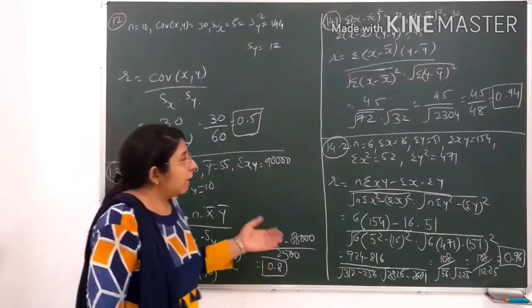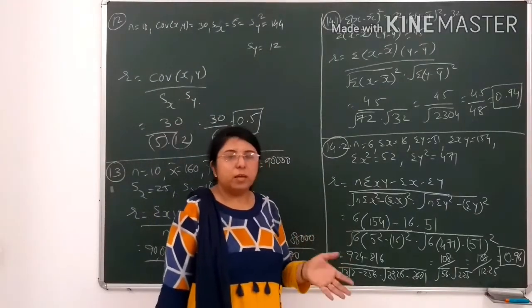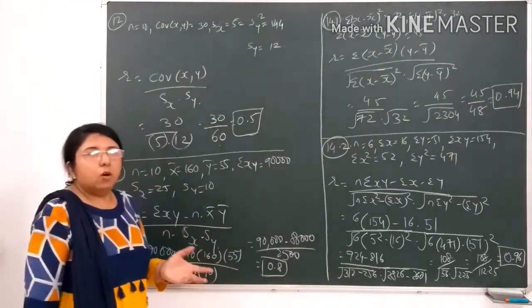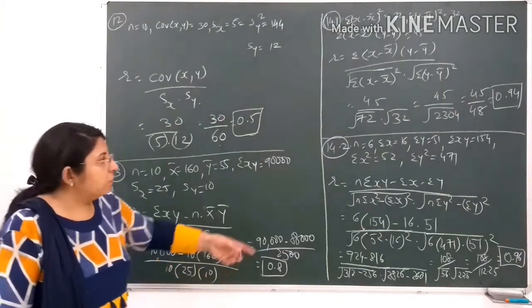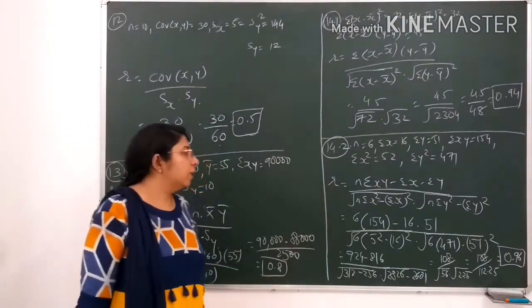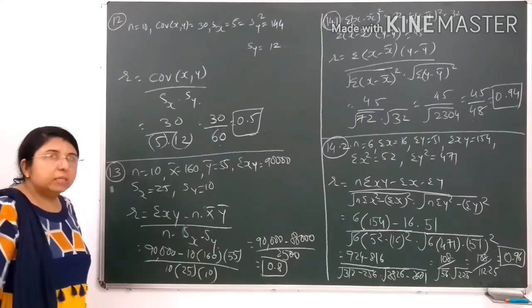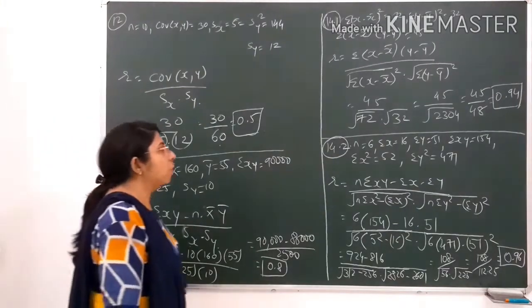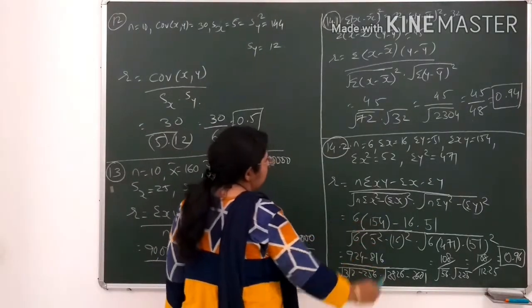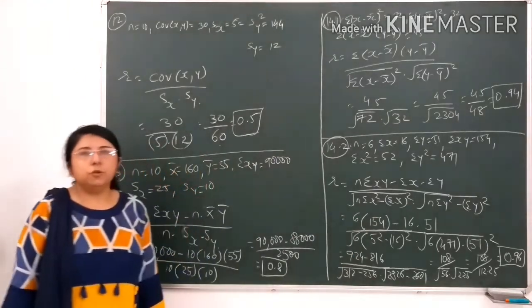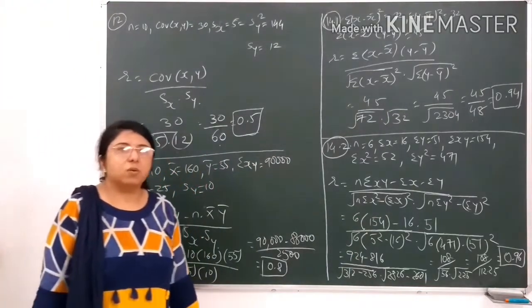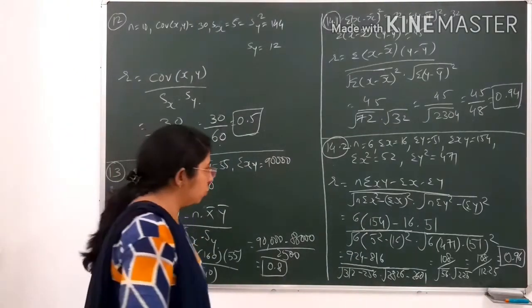That is, when the value of x bar or y bar, any of it or both of them, are in fractions, then we generally utilize this basic formula: n sigma xy minus sigma x into sigma y upon under root of n sigma x square minus sigma x whole square into under root of n sigma y square minus sigma y whole square.